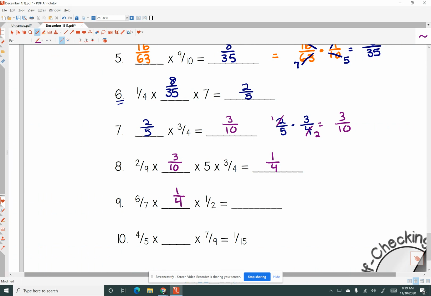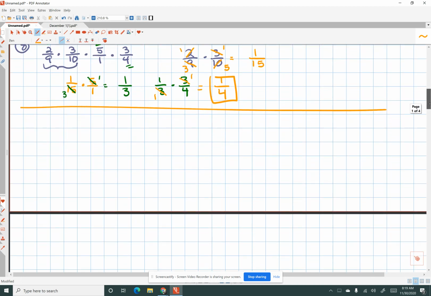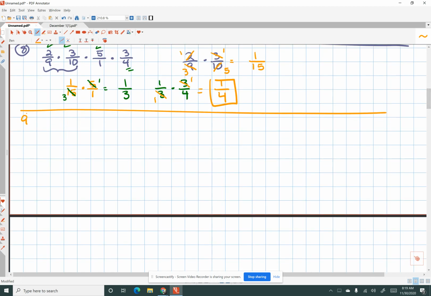And now we're up to number 9, 6/7 times 1/4 times 1/2. And I think I will start with the first 2. So 6 over 7 times 1/4.